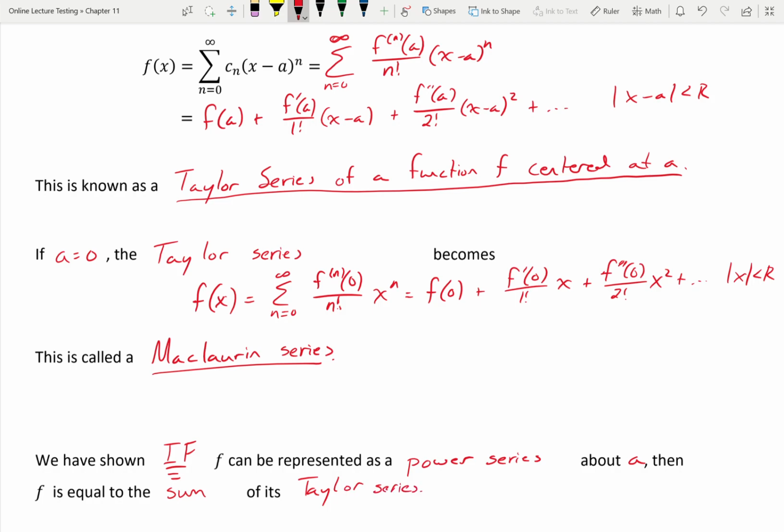So again, if it does have a power series representation, then f is equal to the sum of its Taylor series.